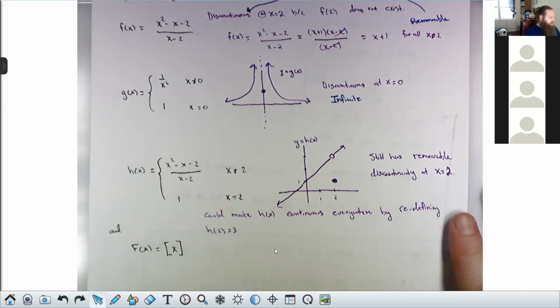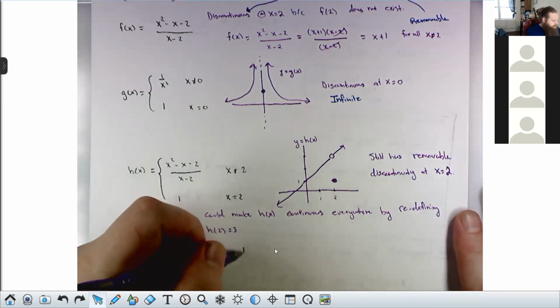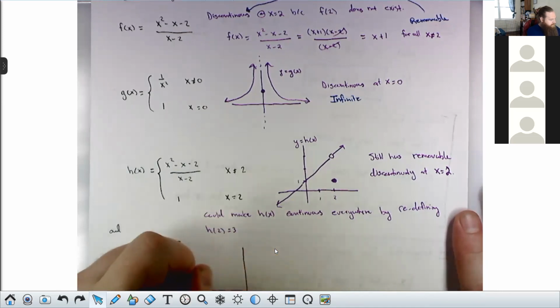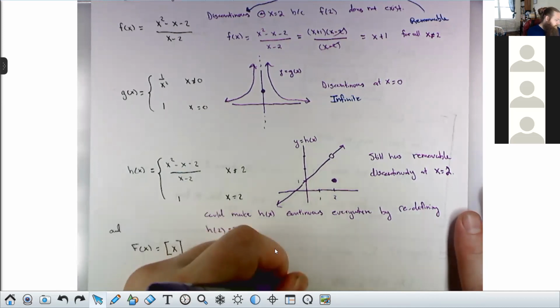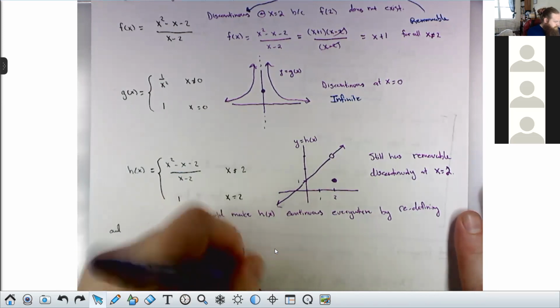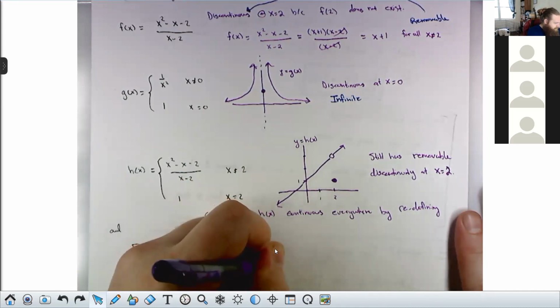All right, and this last guy, this is that greatest integer function or floor function that we saw in Eugeni's lecture. And we know it is discontinuous from 1, 2, 3. There's a piecewise constant function. This graph, right?